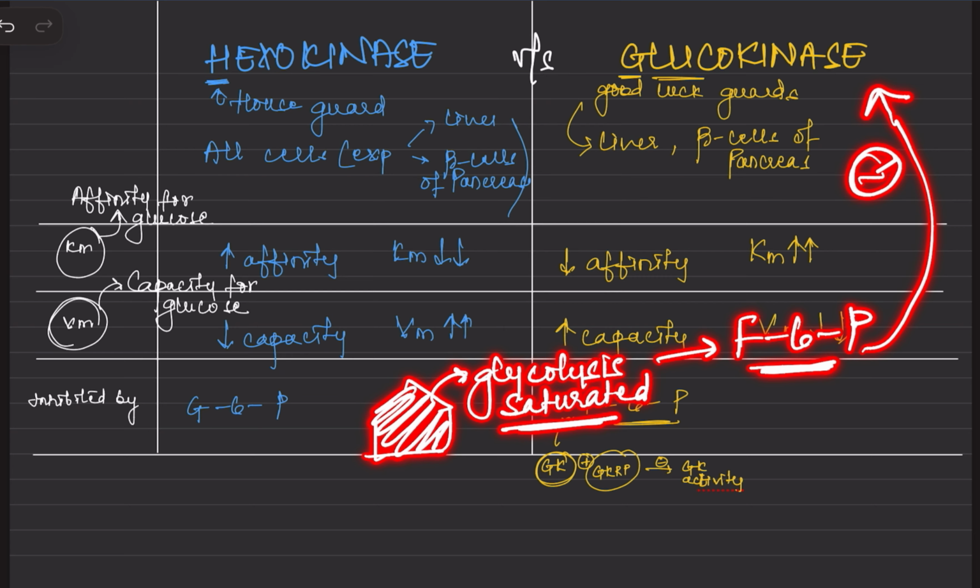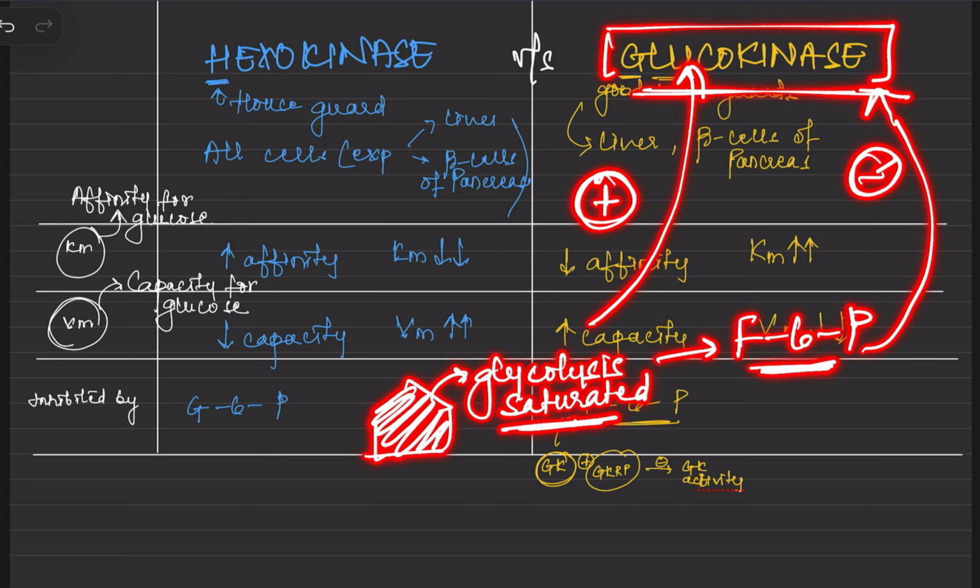But when my glycolysis is saturated is where I need to activate my glucokinase, right? So that my excess glucose can be stored in the liver. But if there is too much fructose 6 phosphate, it is inhibiting glucokinase. So this doesn't make sense. That's why there is a catch to this.